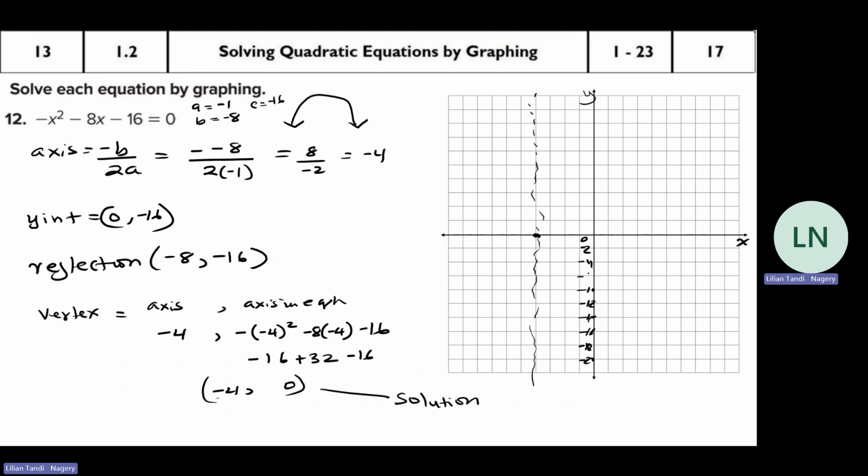2, 4, 6, 8, 10, 12, 14, 16, 18, 20. Okay, so -10, -9, -8 with 16, with -16.